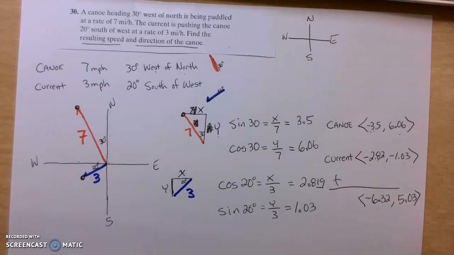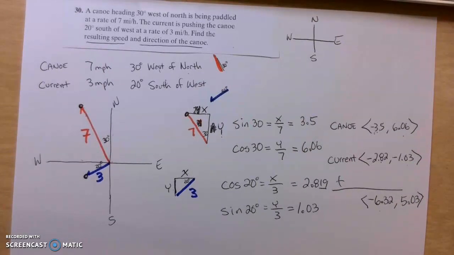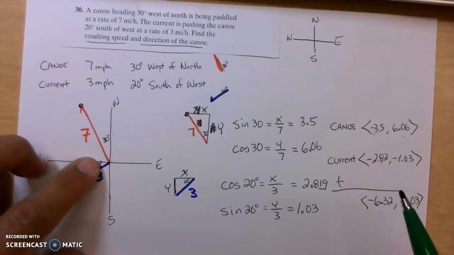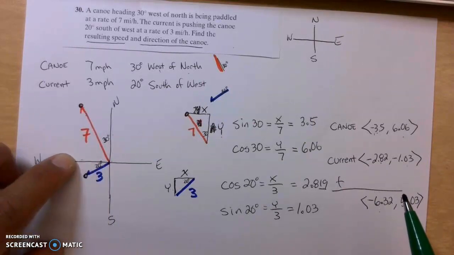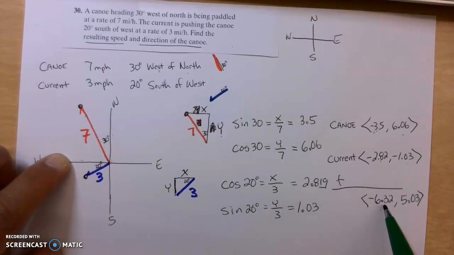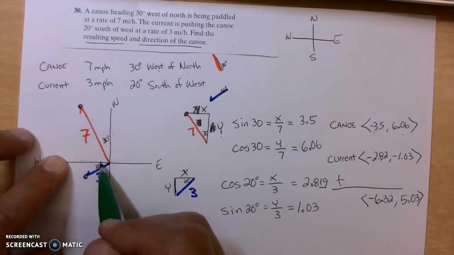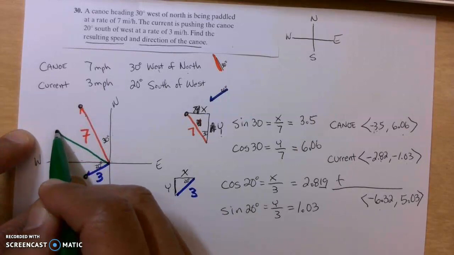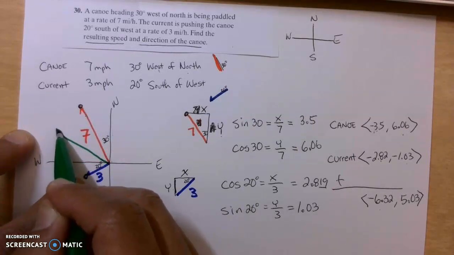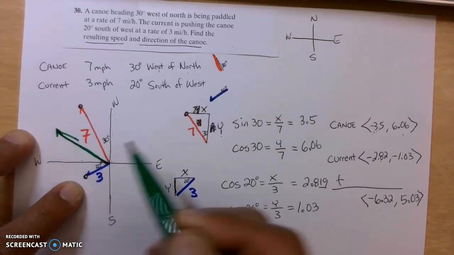Okay, so that is the result. So really, and I'm going to go green, this is negative 6.32, positive 5. All right, so it'll be something like this. It's out here in green.